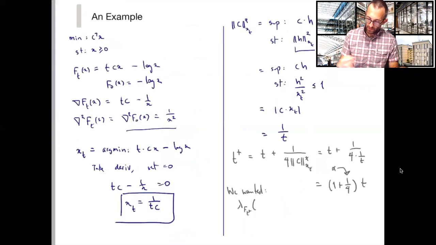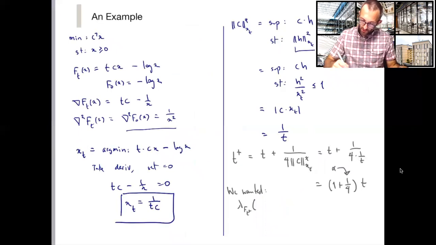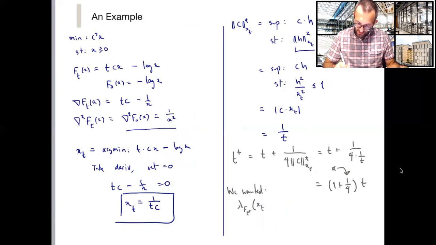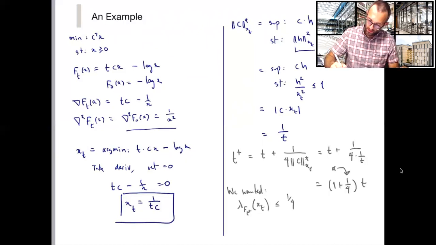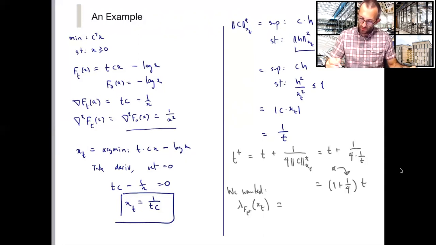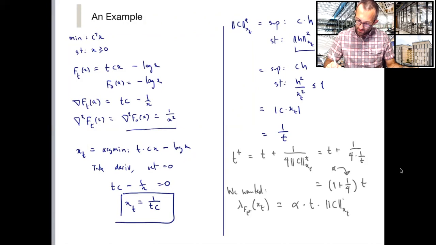Maybe I did these things a little bit backwards. I should have done this first. We needed this to be less than 1/4, but we showed that this is equal to alpha times t times the norm of c, and this in turn is equal to 1 over t, so this was alpha.